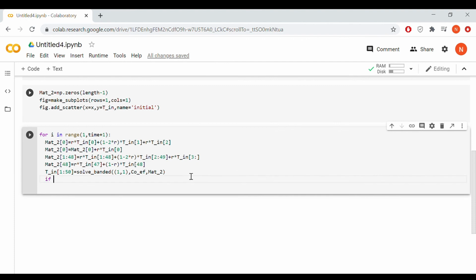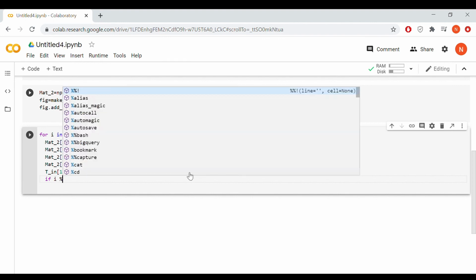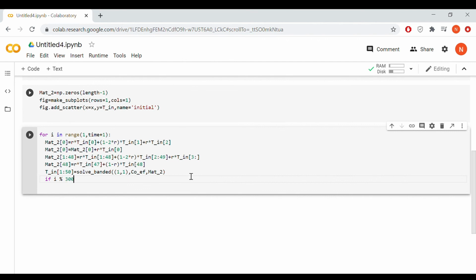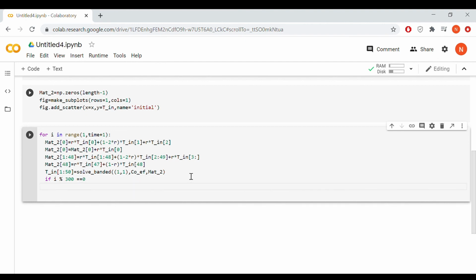And then for sake of plotting it, we'll do every 300 seconds. So if the remainder of i divided by 300 equals 0, then we will add it to the graph.